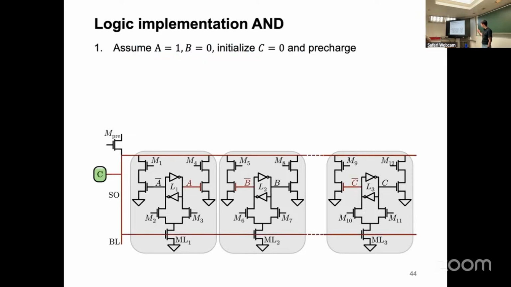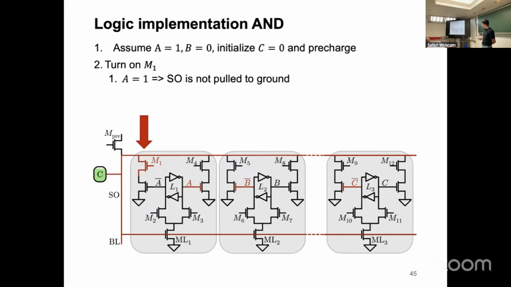So now let's assume we have read A equal to 1 into the first latch, then B equal to 0 in the second latch, and we initialize C to be 0, where we then will have the result, and we also have pre-charged the capacitor. So we first turn on M1, and since the not A line is 0, sense out is not pulled to ground, and we then turn also M5 on.